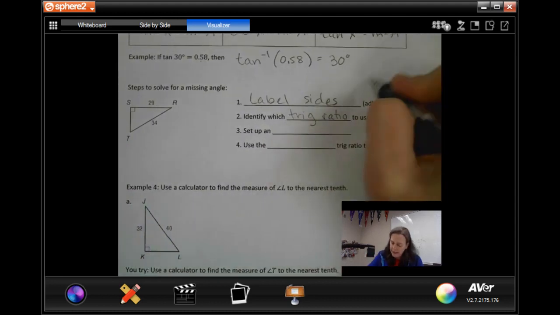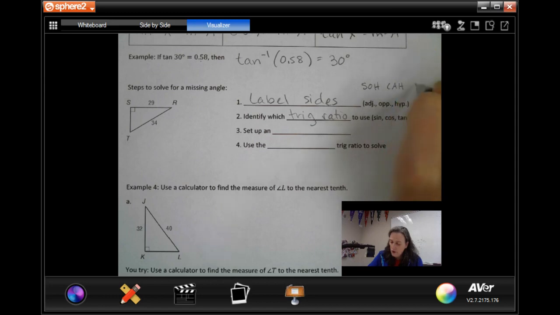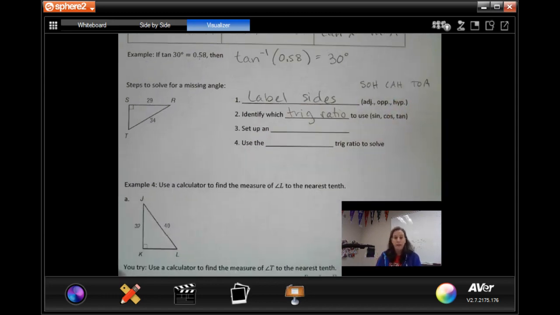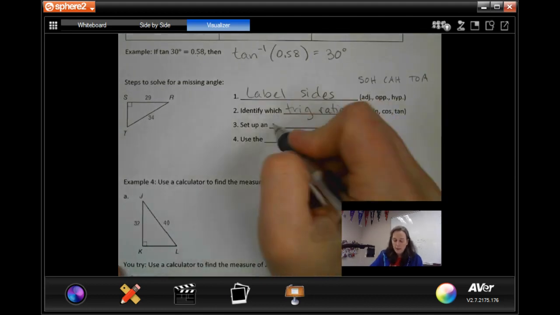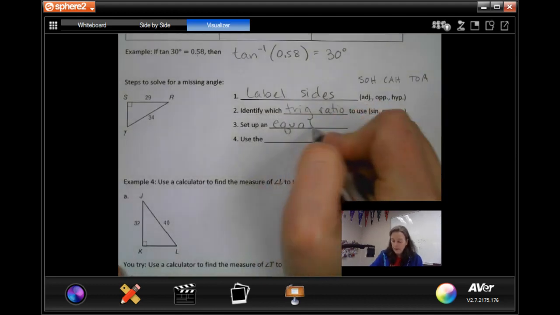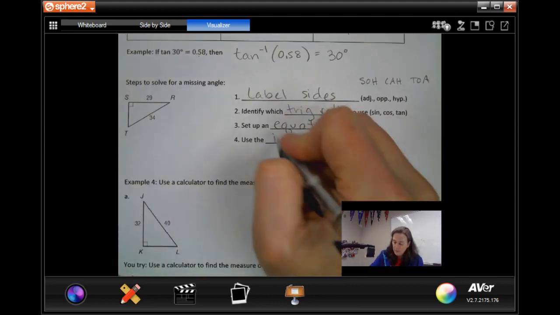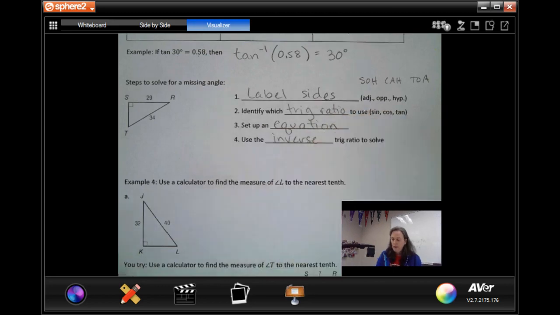And maybe we should just write here so we don't forget: SOH CAH TOA. So you know what pieces go with the different trig functions. Set up an equation. We did that yesterday. And then we're going to use that inverse trig ratio to solve for x.